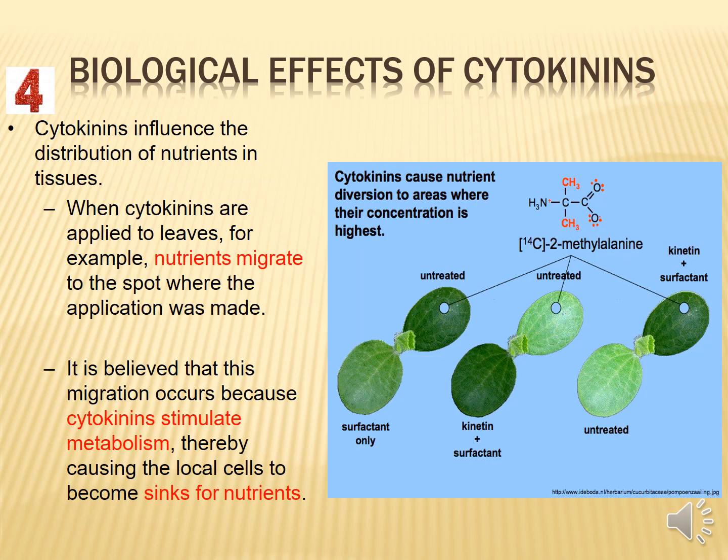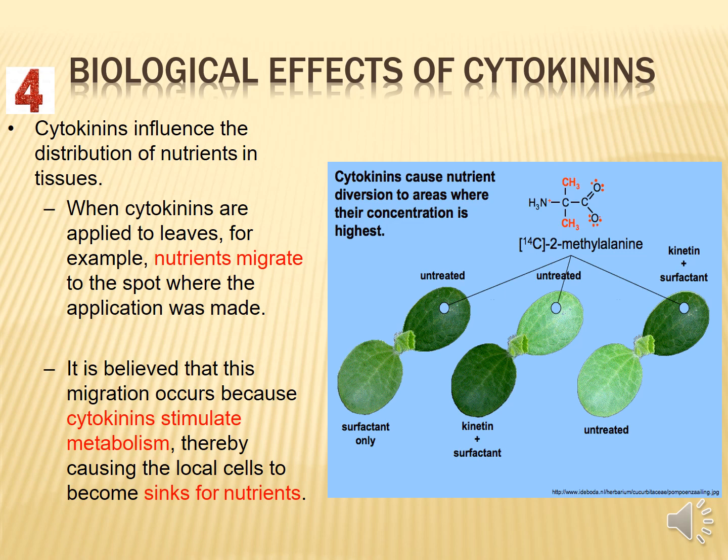Now we look at another role of cytokinin. Cytokinin will also stimulate or influence the distribution of nutrients in the tissue. So if we apply cytokinin to the leaf, as you can see in this figure, the nutrients will migrate to the spot where the application was made.